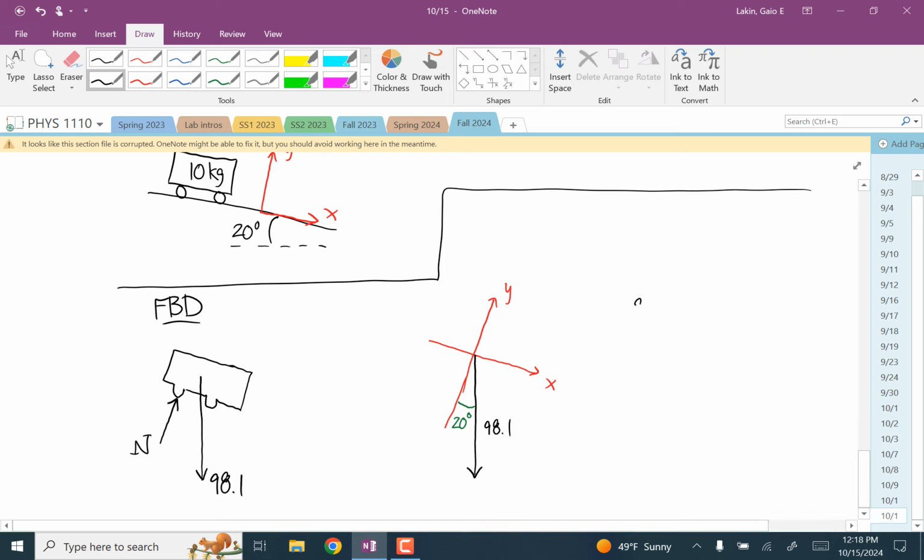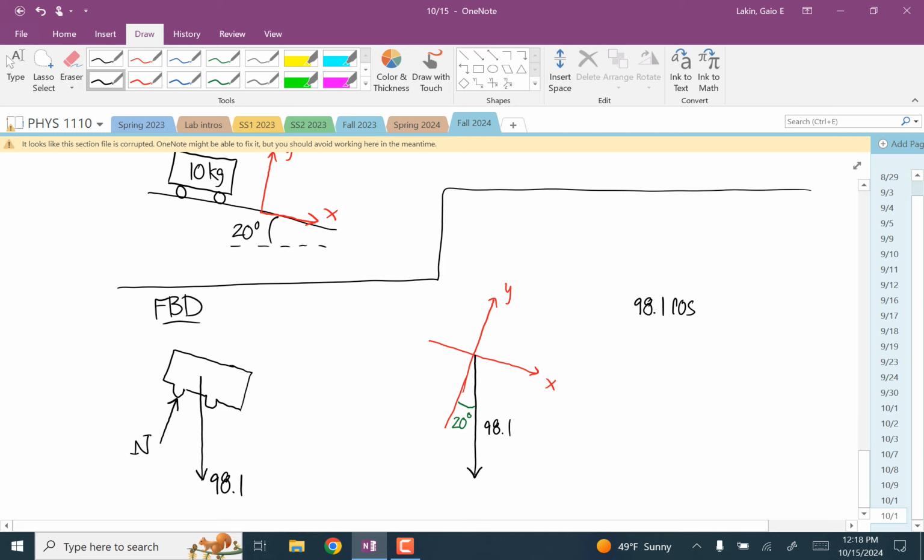So that weight force is 98.1 times the cosine of, okay, what's the counterclockwise angle from the positive x-axis to this vector? I said that it's always going to deviate from 270 by this amount, 20. So is it going to be 250 or 290 in this case? 290, yeah.